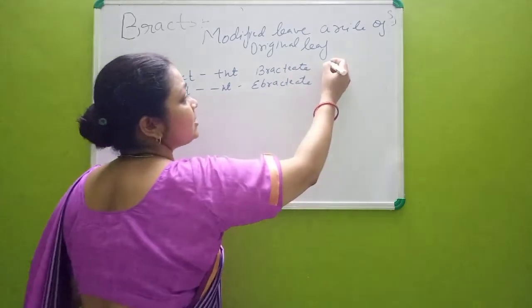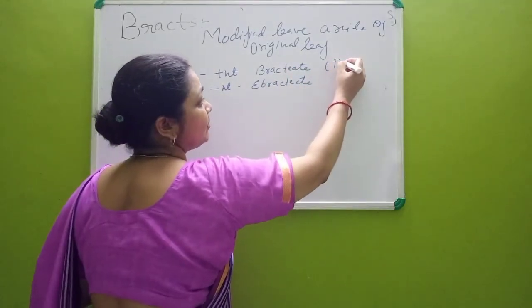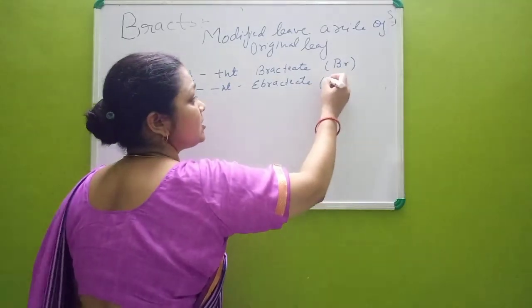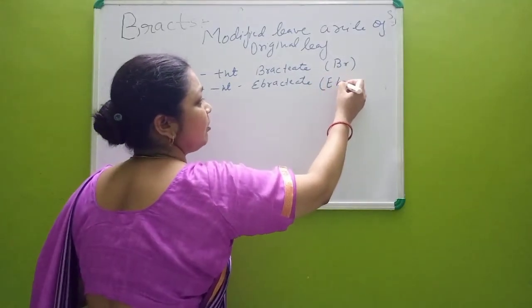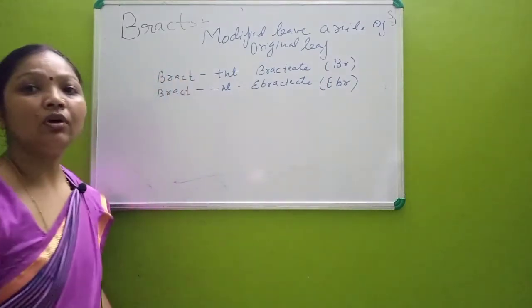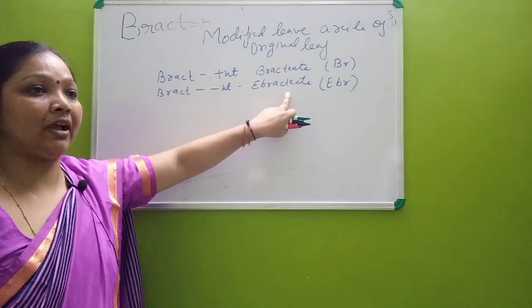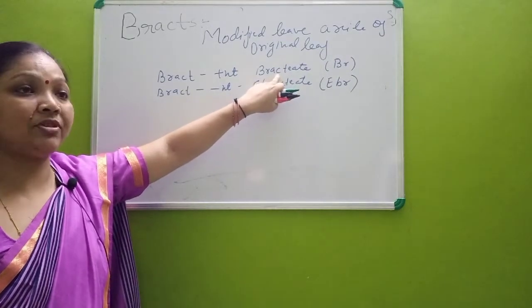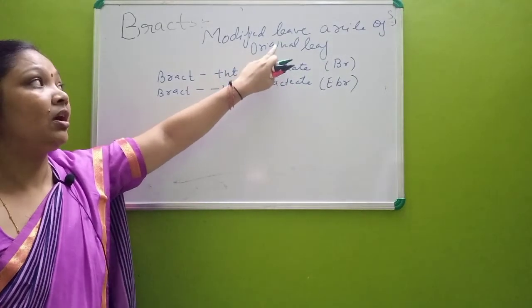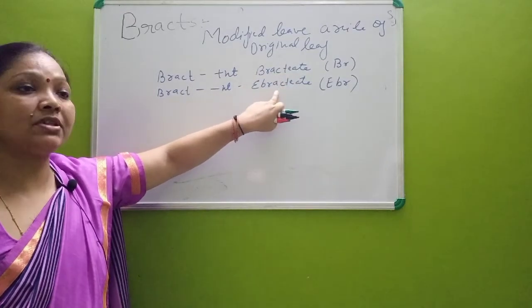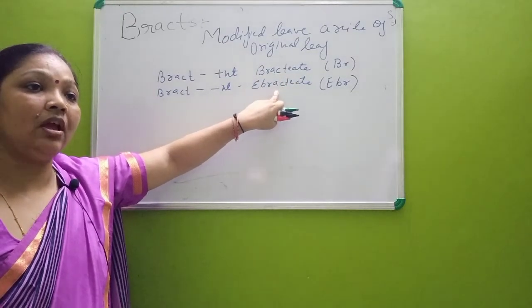For bracteate the symbol is capital B and small r, and for ebracteate it is capital E, small b and small r. So if the bract is present, the flower is called bracteate, and if it is absent, it is called ebracteate.